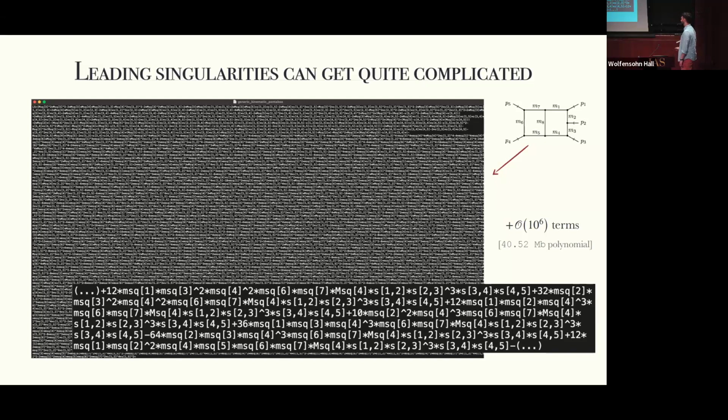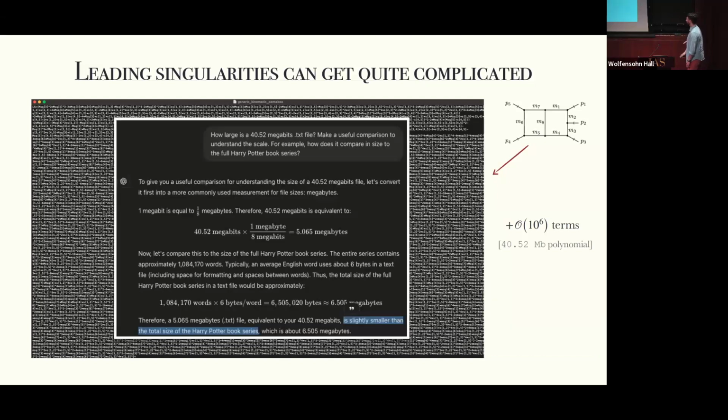This is just a zoomed-in version, just to show what kind of variables are involved. This is just showing some terms, but there are about a million other terms that this file contains, and its size is about 40 megabytes. And just to give an order of magnitude, I asked ChatGPT to compare this to the size that the whole Harry Potter book series takes, and its conclusion is that it is about the same order.